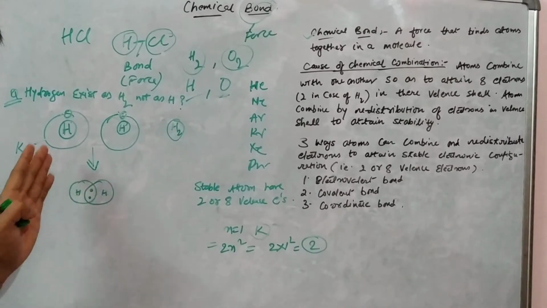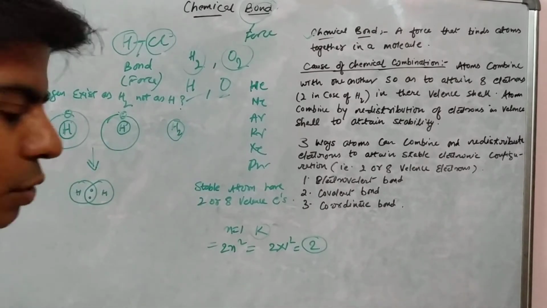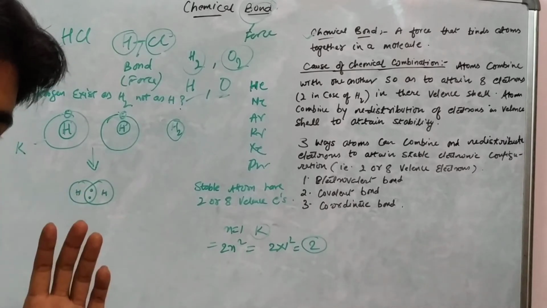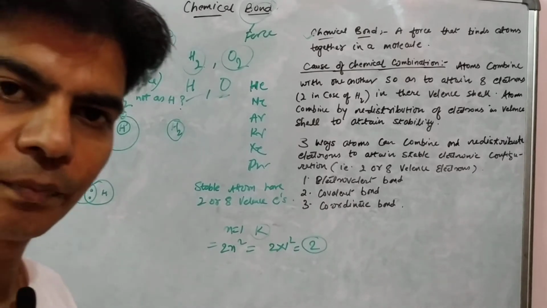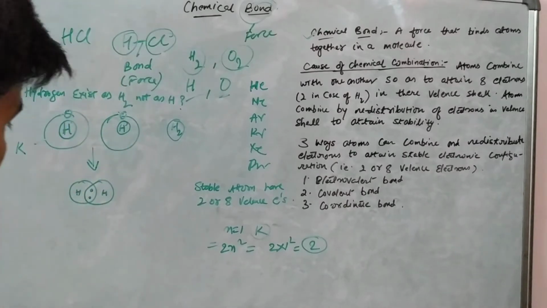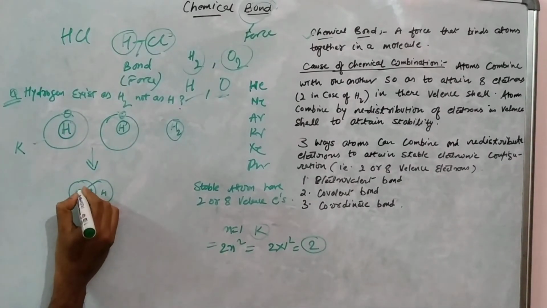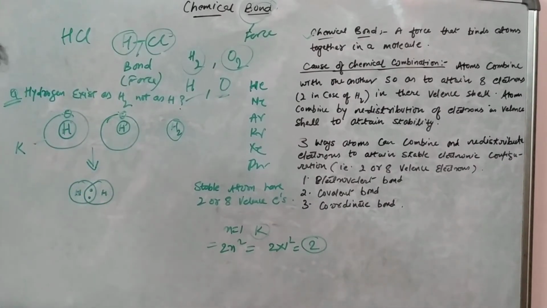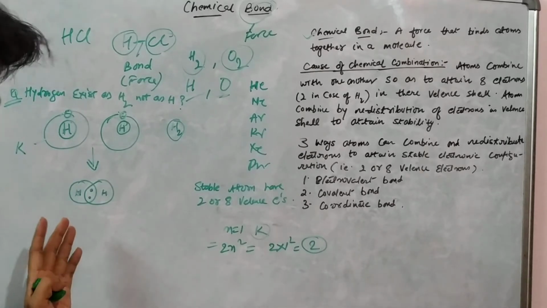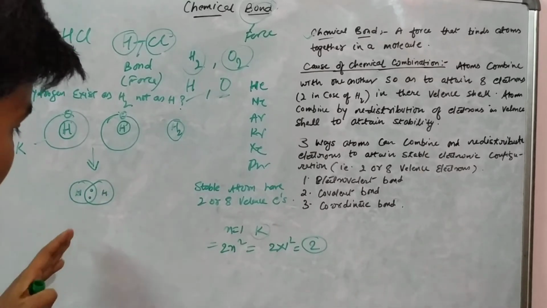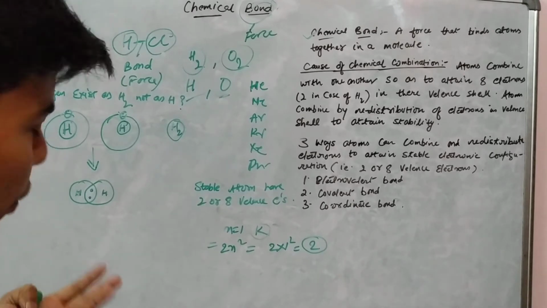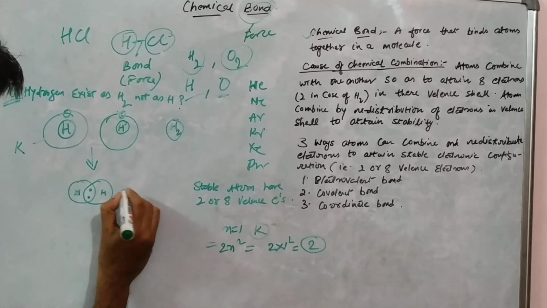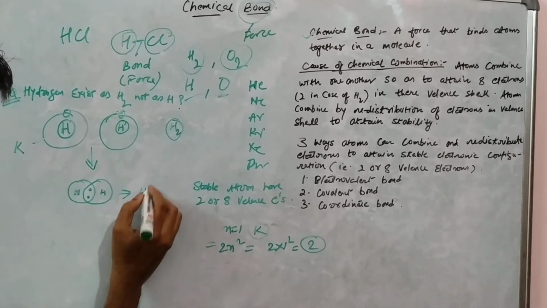It will always combine with another hydrogen atom to complete 2 electrons in its only shell, that is, to attain a doublet, 2 electrons in its outermost shell.